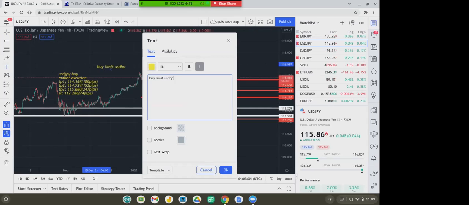USD JPY. Entry was 113.209. TP1 114.167. 100 pips. TP2 114.734. 152 pips.